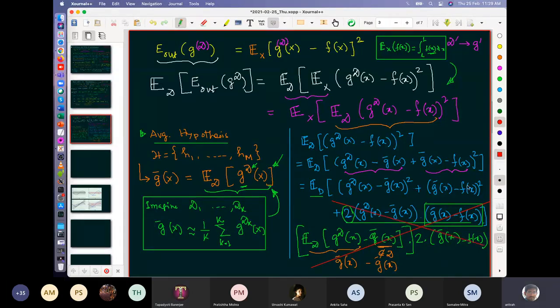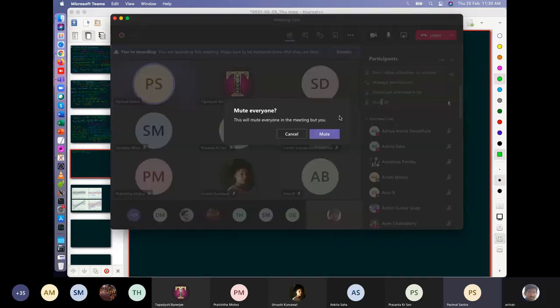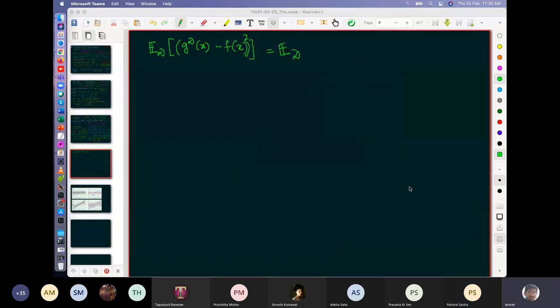So we have this and this. Just remember what we have, I am rewriting once again. We started off with this, and we found out that it is of two terms.